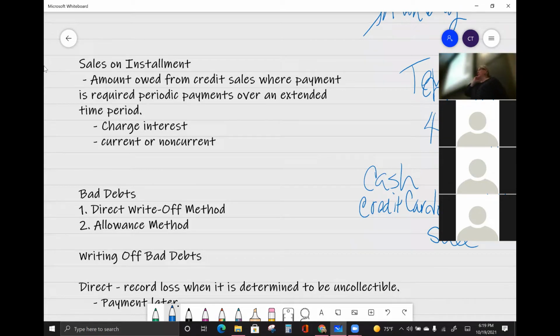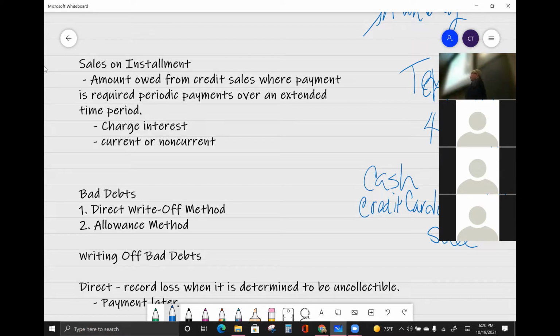Okay, so then we have sales on installment. So it's an amount owed from credit sales where the payment is required in periodic payments over an extended time period, which means you'll get interest. Okay, so usually, not all the time, but usually the customer pays interest.